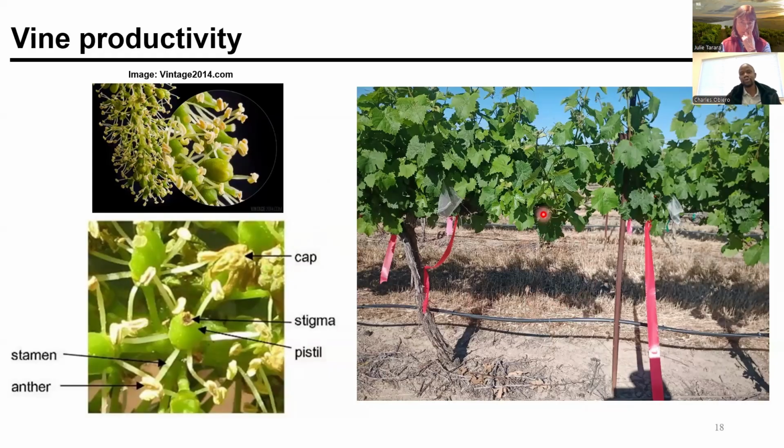So I selected a uniform shoot on both sides of the cordon and bagged a flower cluster. Then at fruit set, when all these caps had fallen, I took them to the lab to be counted. There are just a few hundred to maybe 1,000 caps that we found.